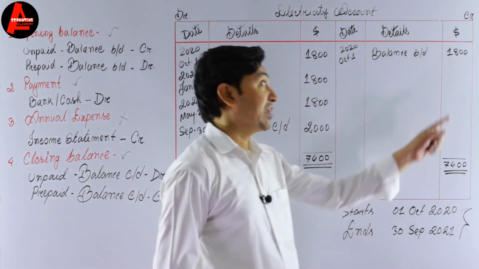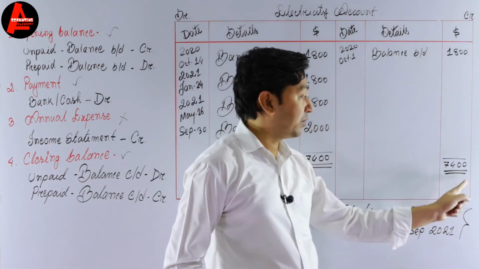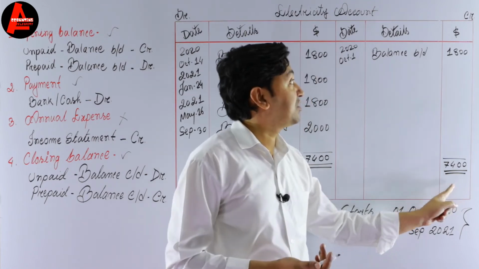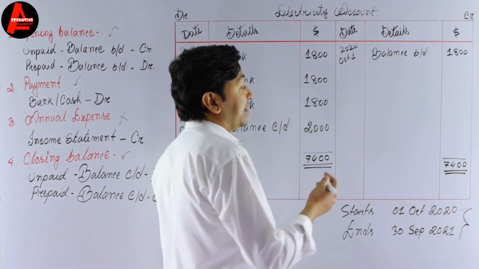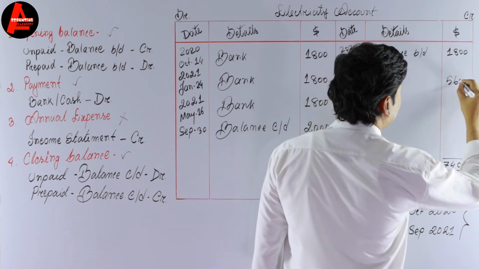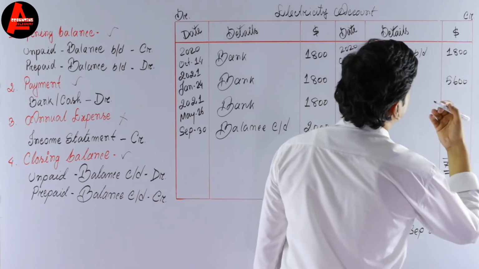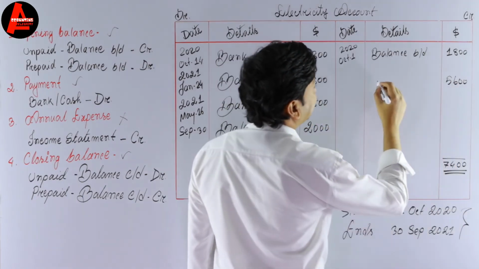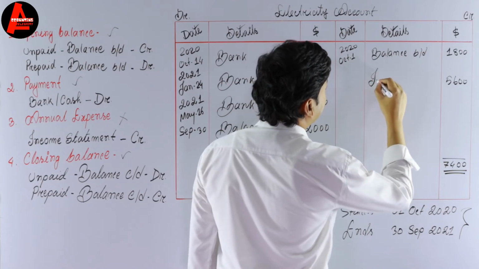Great. Now what to do to calculate the income statement? We have to subtract this $1,800 from this total. If we subtract, what do you get? We get here $5,600. Now we will write here income statement with this amount.